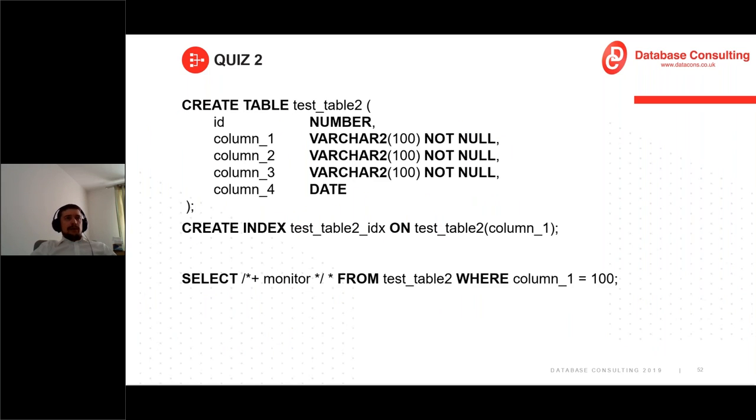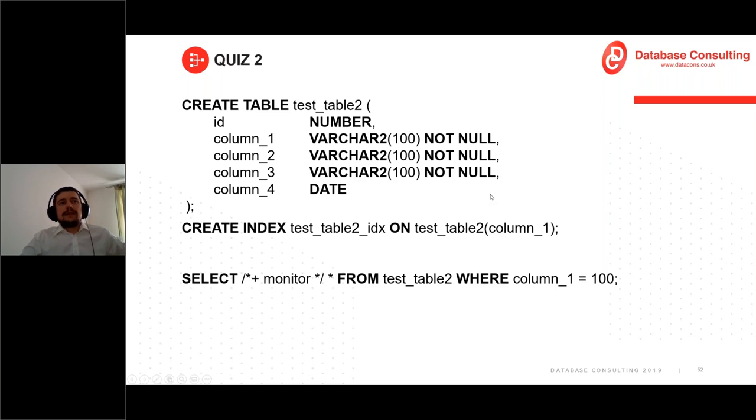Okay. Let's go to quiz number 2. Here we have a create table statement. So we create a very similar table with an ID number column, with columns 1 to 3 as varchar and column 4 as a date.